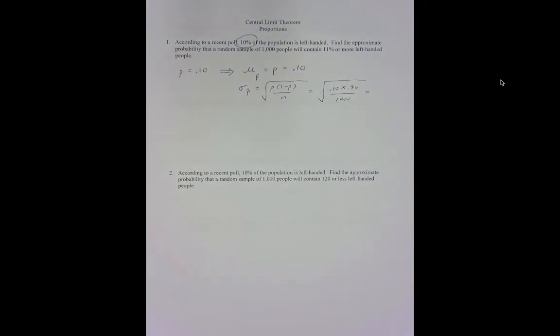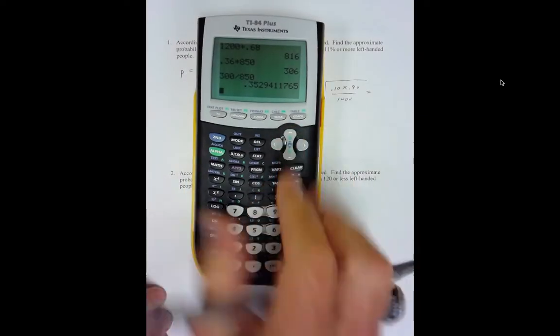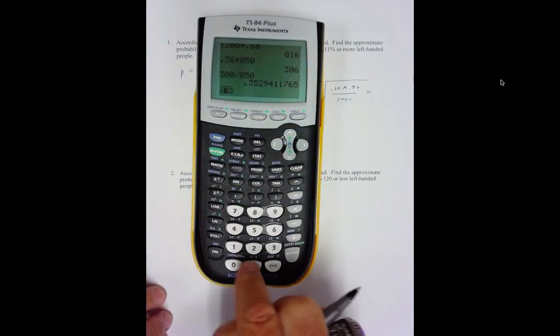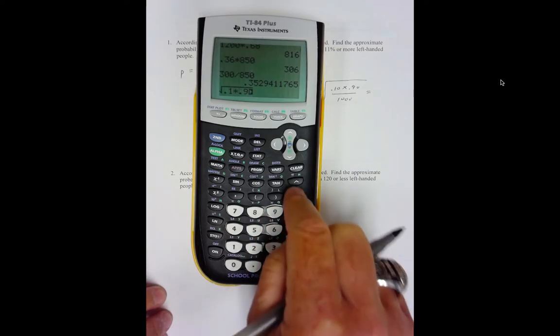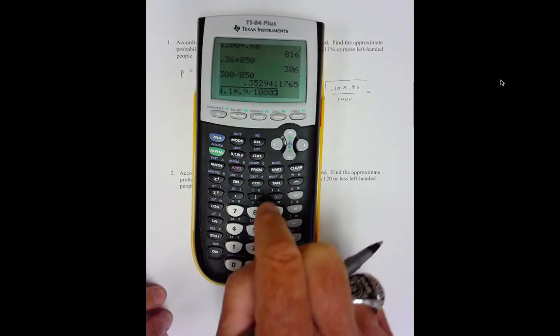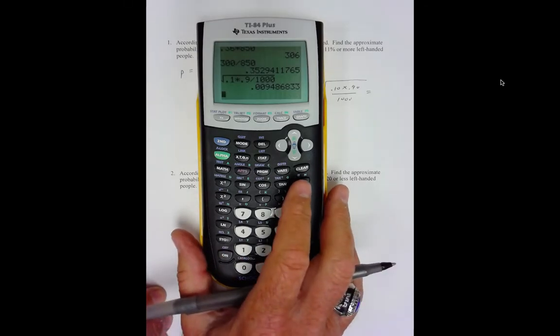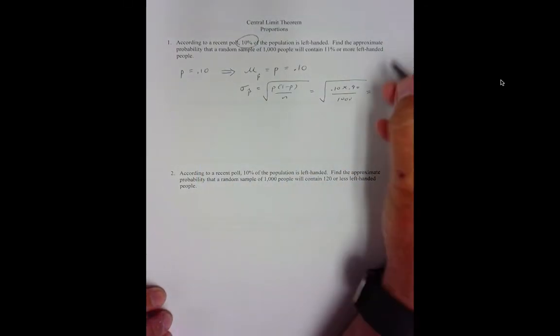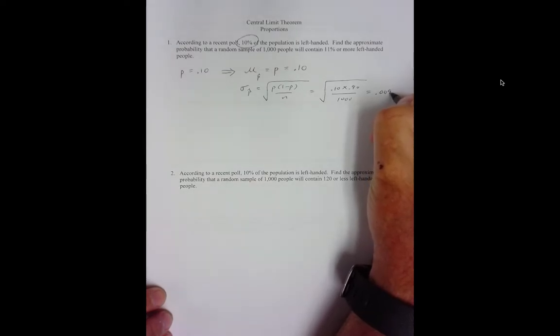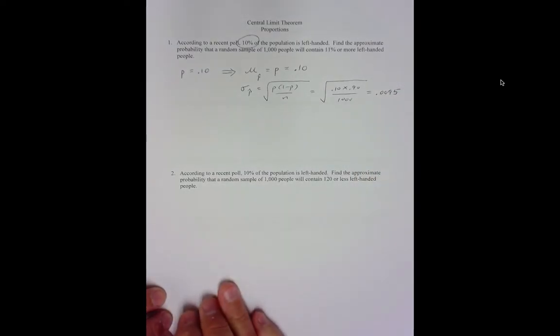So let's see what that is. So that's 0.0095. So we got it to 4 places.